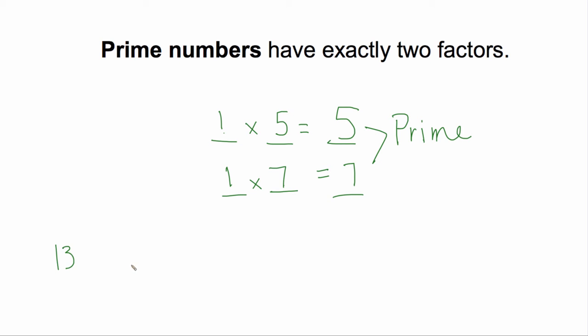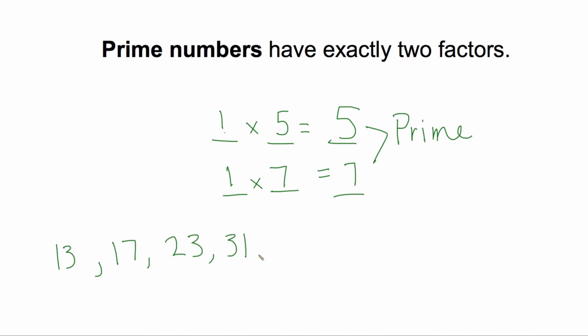You can only say 1 times 13 to get 13. 17, 23, 31, 37, 41. The list really goes on and on and on, surprisingly enough. So just as a quick recap, prime numbers have exactly 2 factors. And the factors that they're going to have are always 1 and itself.